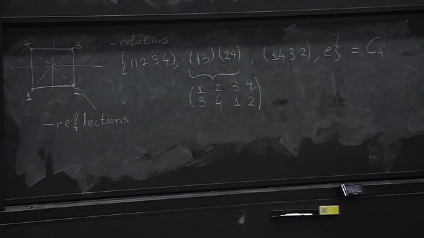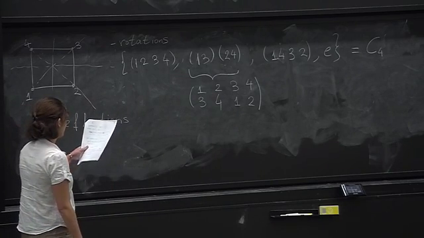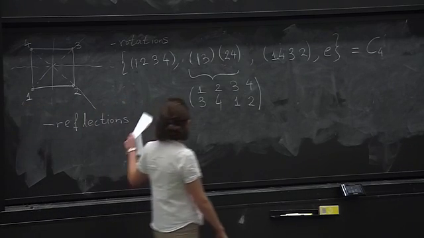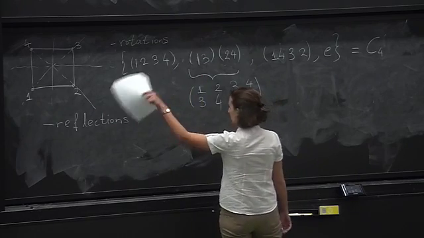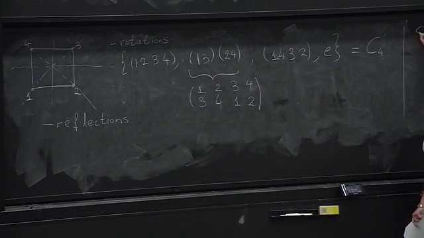So I'm not going to write now all the reflections that we get for the square. But you can check that even if we include rotations and reflections, we do not get the full group of permutations of 4 elements, which is S4, and has 4 factorial, 24 elements.